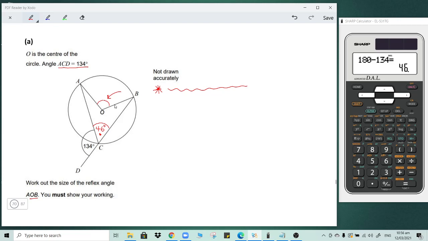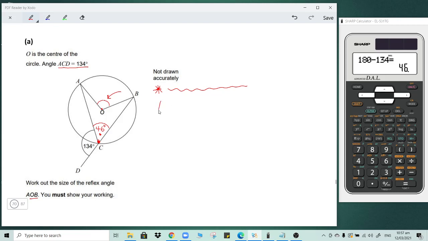Then, afterwards, you're going to show them how they're going to calculate this angle. Because if here is 46, this one is touching the circumference. This one here is touching the center. The center one is twice as big as the one touching the circumference.